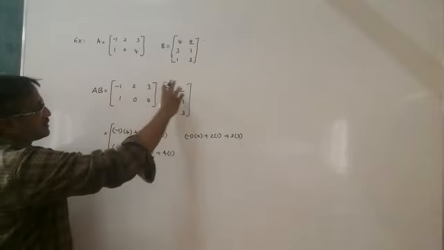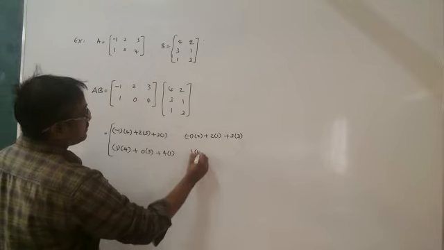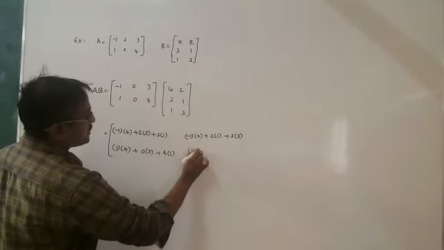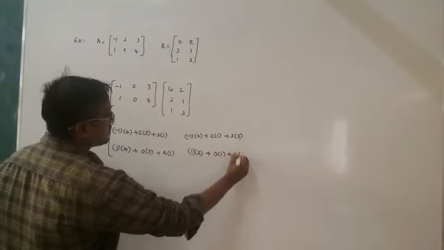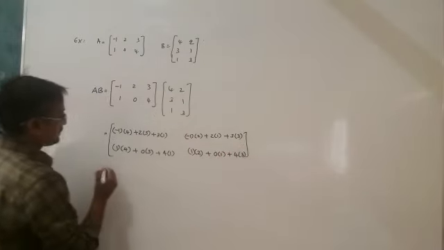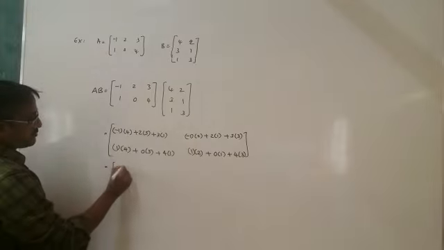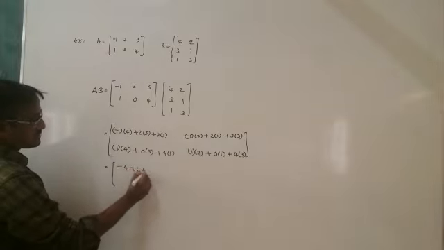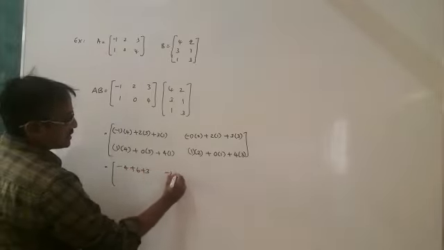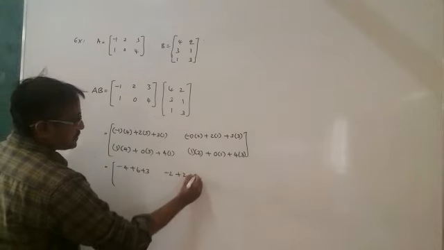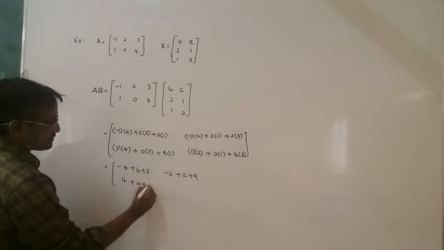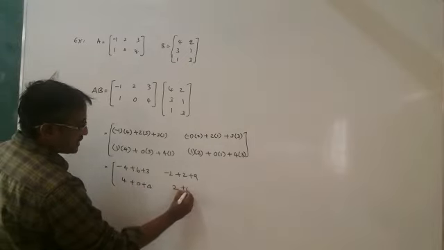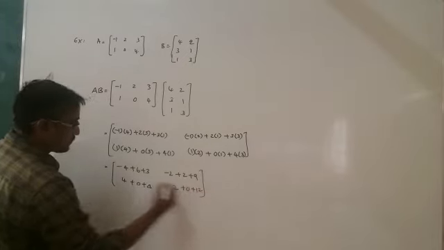Now second row into second column: 1 into 2 plus 0 into 1 plus 4 into 3. So you will get -4 plus 6 plus 3, -2 plus 2 plus 9, 4 plus 0 plus 4, 2 plus 0 plus 12.